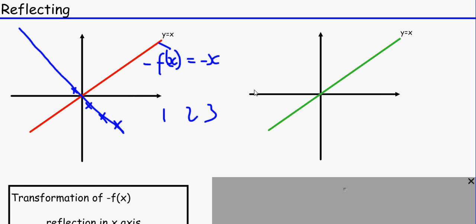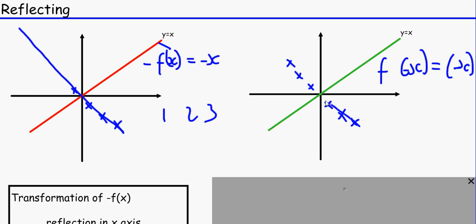And if you wanted to reflect it through the y-axis, what we would do is write it as f of minus x, sorry, pardon me, and that would equal minus x as well. And as you can see, it would make the same shape.